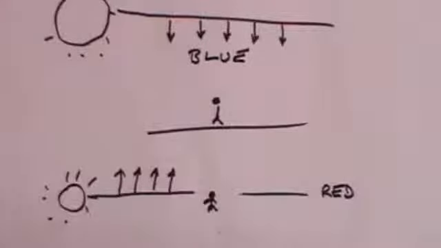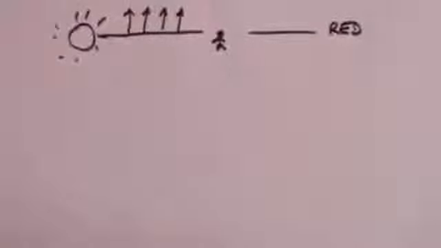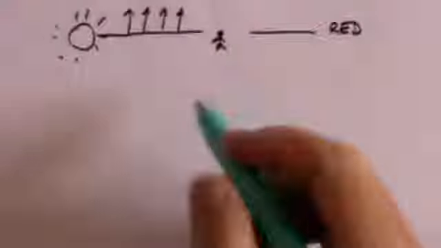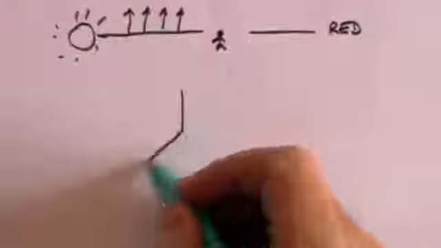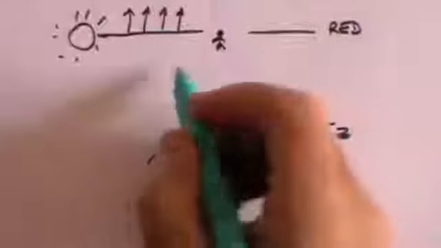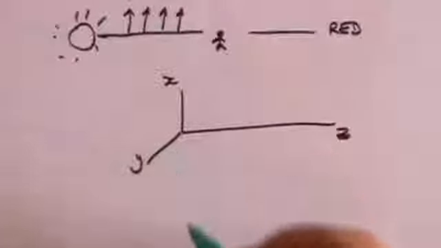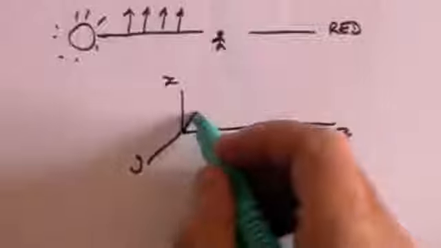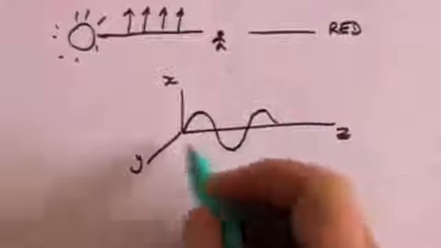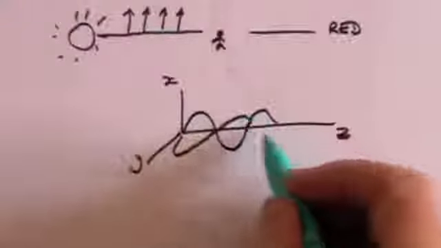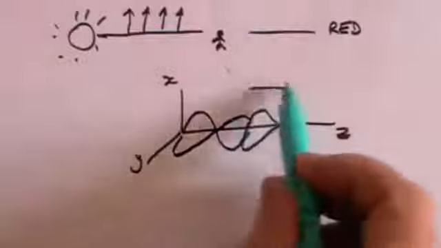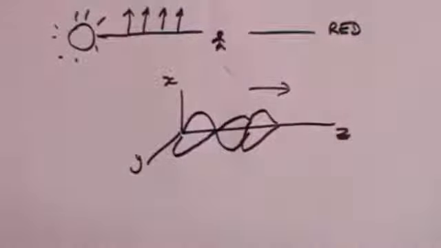Finally, I want to look at what is called circularly polarized light. When we described the light or the electromagnetic radiation, we said that if we took directions X, Y and Z, for simplicity we said that we had the E field oscillating in the X direction, the B field oscillating in the Y direction, and the whole thing travelling in the Z direction.